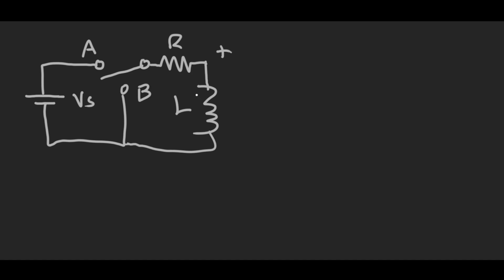And the current across that inductor, IL of t, is considered to be the output of this circuit.